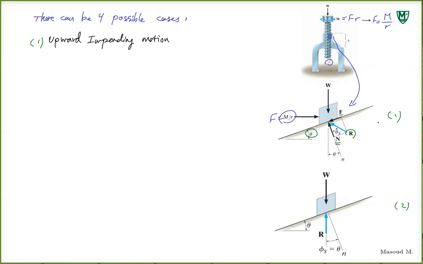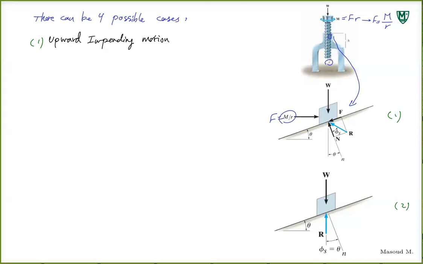So now what we want to do is draw the free body diagram. Remember, this is an impending motion, upward impending motion. So the magnitude of F, this force which is derived from the moment we apply, is strong enough that this screw is about to move up.